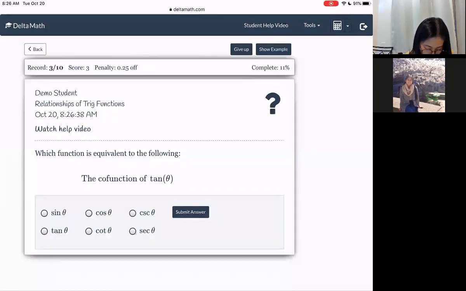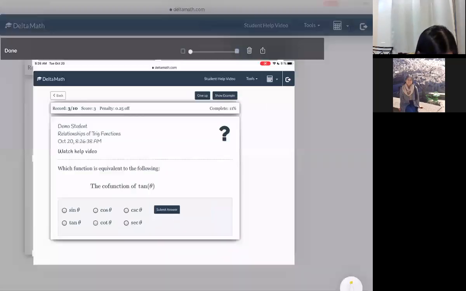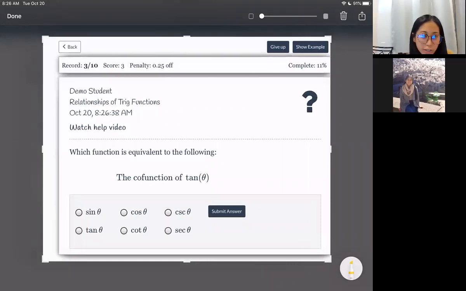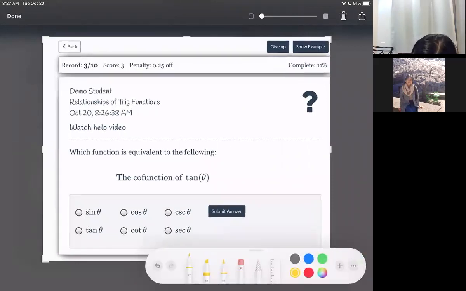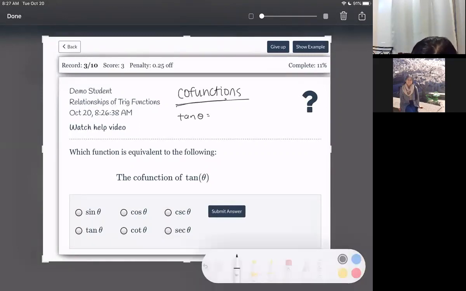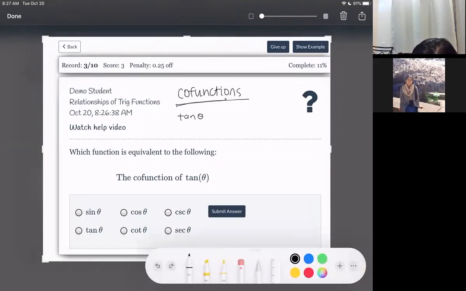The cofunction of tangent, oh yeah, cofunctions. So yes, more things that I need to not remind you, this one's new. So cofunctions are like the one that is kind of related to like your reciprocal identity. So the cofunction of tangent would be the cotangent. Well, I should not use an equal sign. I'll just go like that.